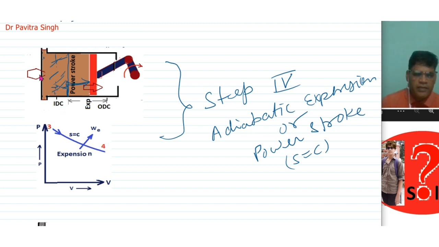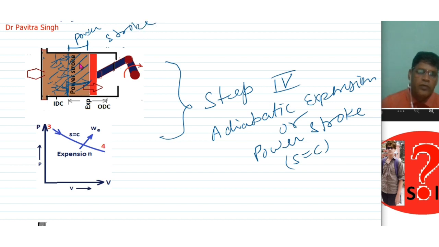So when we injected the diesel, self ignition was started due to high temperature. So due to the combustion of fuel, the piston is pushed from IDC to ODC. So piston is moving here to here to here. So this is actually power stroke.